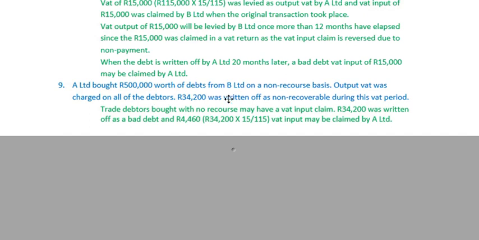Because VAT was charged when you bought the debtors, you can claim input VAT on the amount that is now written off, because it is bona fide your bad debt, because there's no recourse. You can't give it back to someone else. It's your bad debt. Therefore, we can claim the VAT input on the bad debt itself.